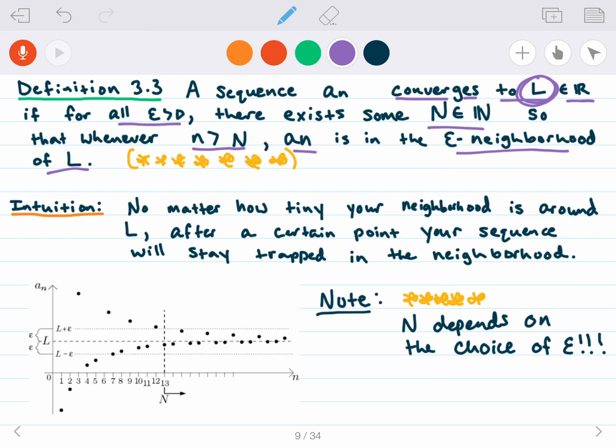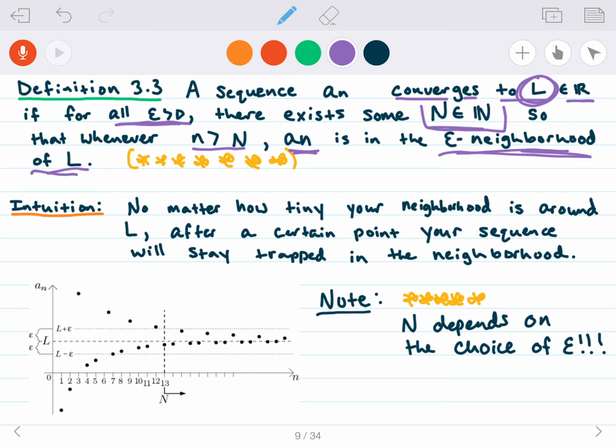So this is telling me for every positive epsilon, whether that epsilon be a trillion, or 1 over a trillion, or 1 over a trillion and 1, however small you tell me that epsilon is, I'm going to give you some number so that when you hit a certain point in your sequence, everybody in the sequence is trapped in that tiny little neighborhood.